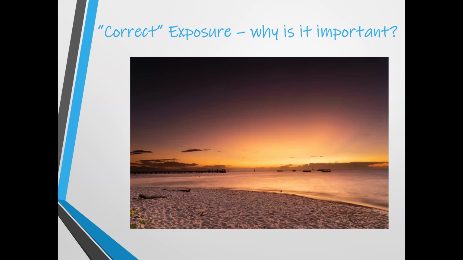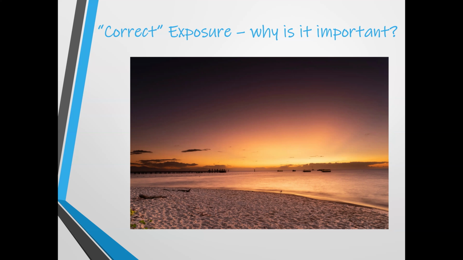So this was then adjusted. I originally took the photo that was underexposed and overexposed, and then I took a correct exposure, and this is what I got. So it's really important, if you're thinking of ever printing your photographs or blowing them up on a screen, that they are correctly exposed.